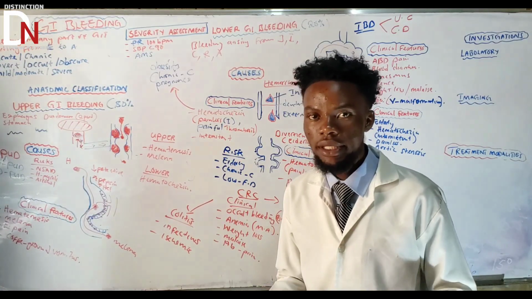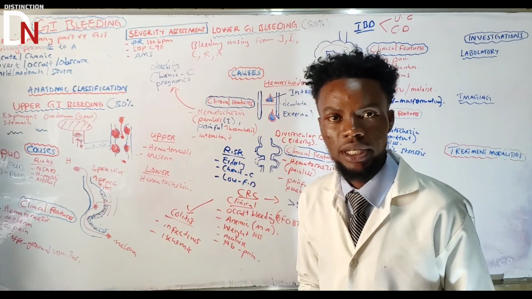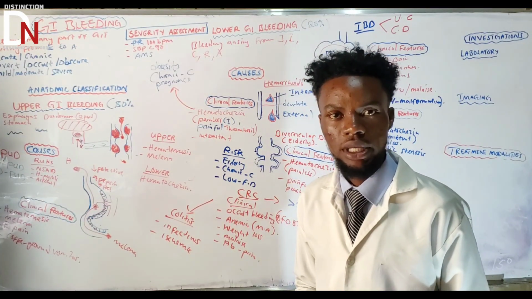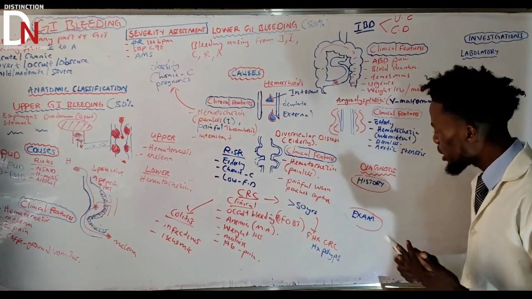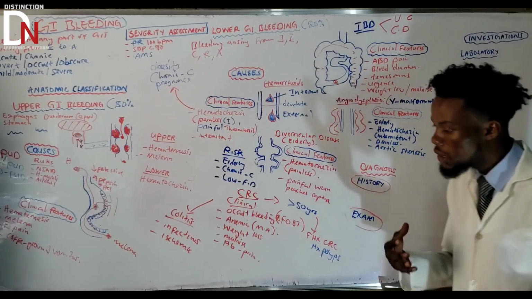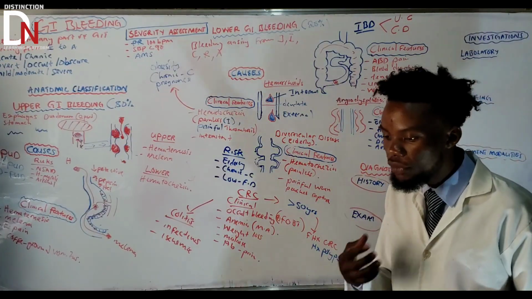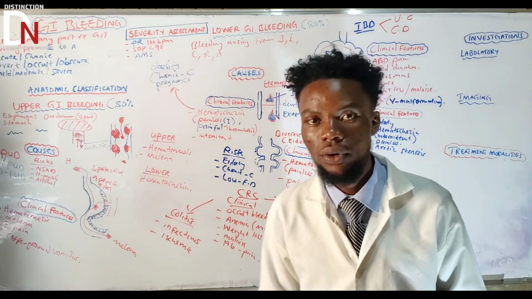You do the abdominal or GI exam, the respiratory exam, and the cardiovascular exam. From the history and the exam, you are able to at least pick the specific cause of that GI bleeding, either upper or lower.